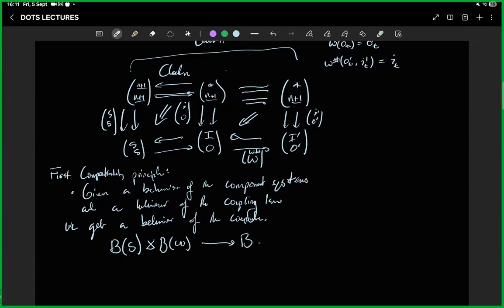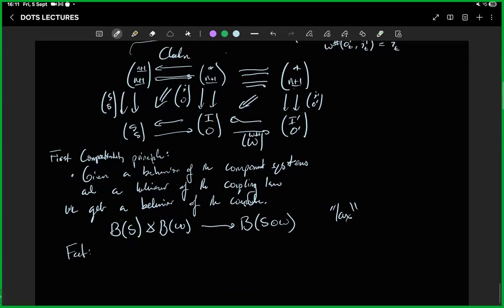We can get a behavior of the composite. So that's the direction that's natural. That direction is known as lax.